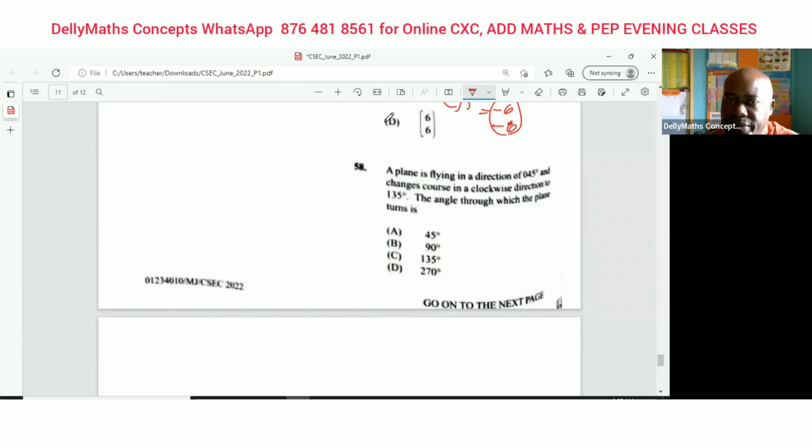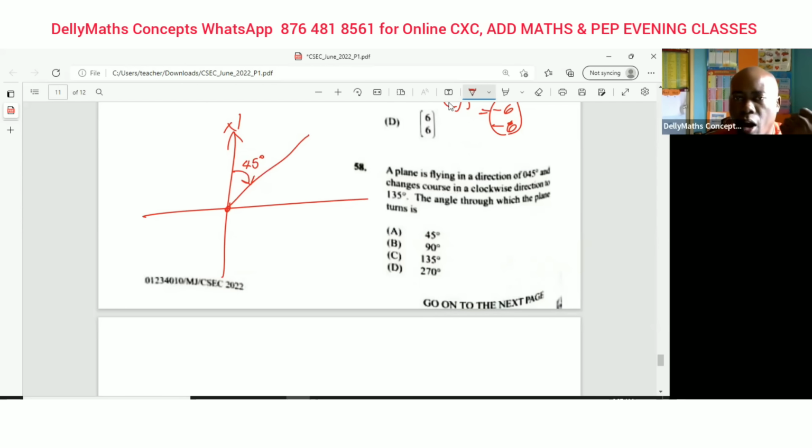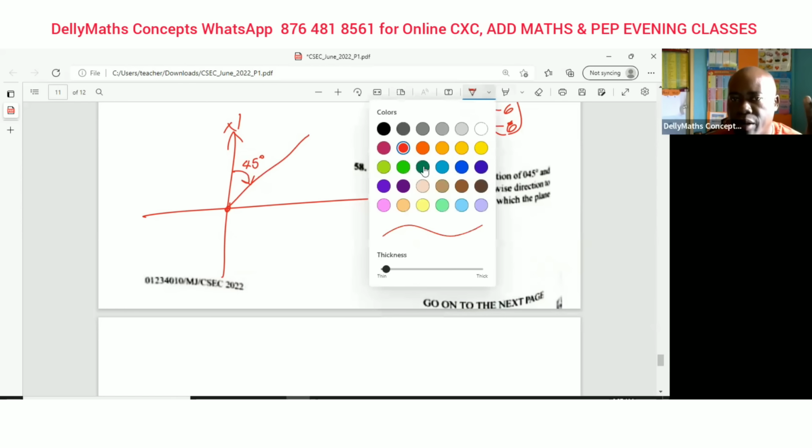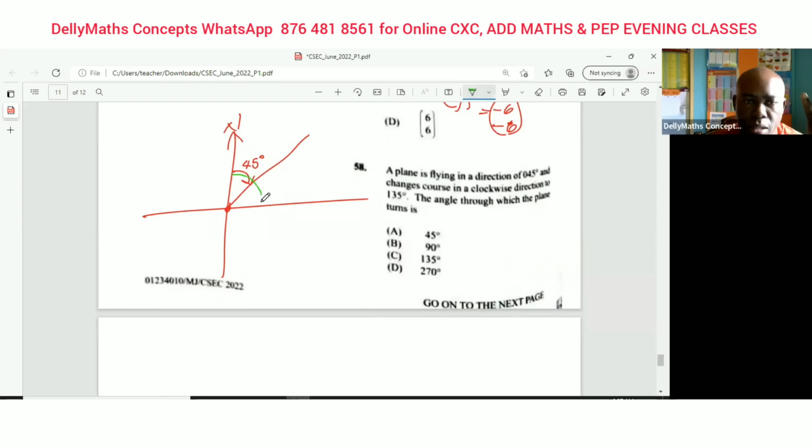58. A plane flying in a direction of 45 degrees. So here it is, this is the north, and the plane is flying at 45 degrees like that. All bearings are measured from the north. Then it changes course and flies 135. The bearing would still come from the north, and this is 135, meaning the turning is 135 degrees.